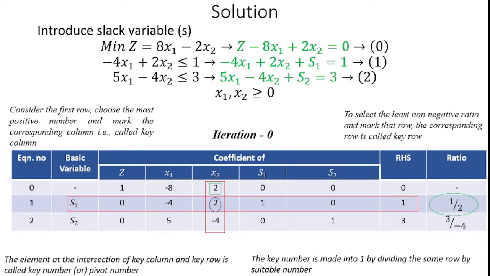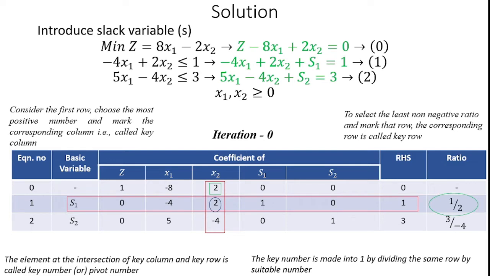After that, the basic variable column. The objective function equation is called equation 0 in the simplex method, but in equation 0 there is no basic variable. In constraint equation 1, the slack variable s1 is available. This slack variable is also called a basic variable, so I pick s1 as the basic variable for equation number 1 and s2 for equation number 2.